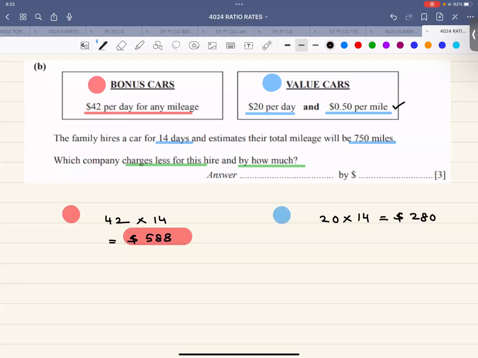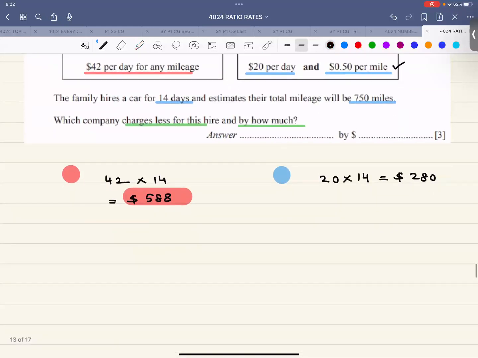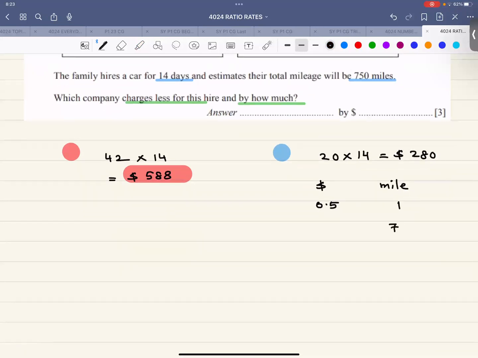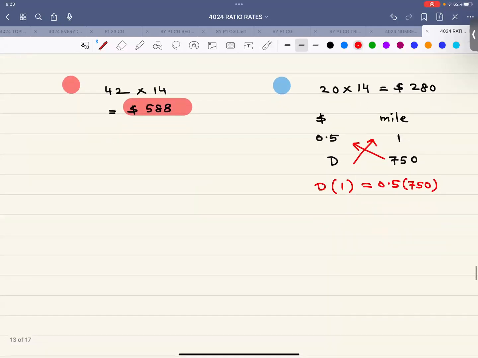And mileage is $0.5 per mile. So, dollars, mile, $0.5 for 1 mile. Therefore, for 750 miles, we will be using D dollars. So let's cross multiply. That is D into 1 equals 0.5 into 750. That comes out to be $375.